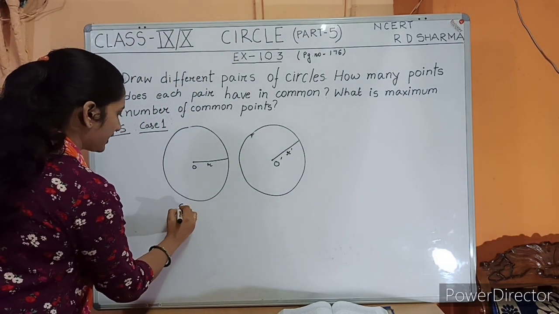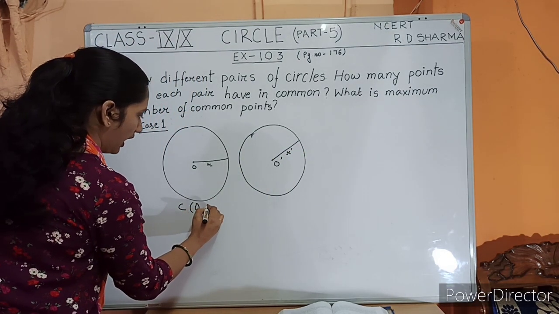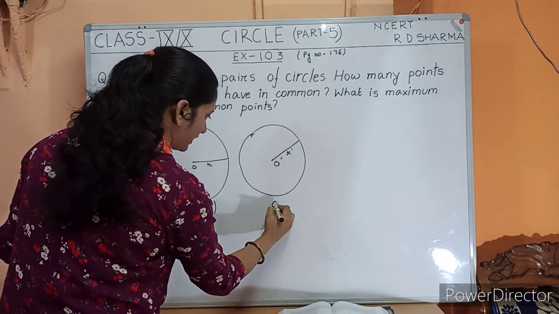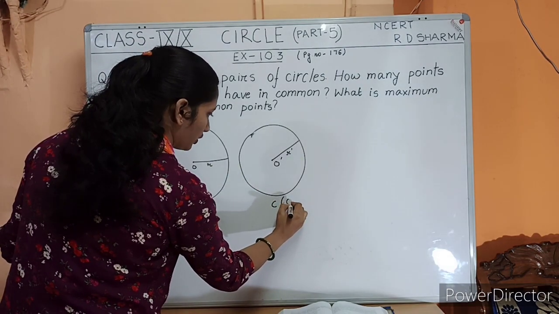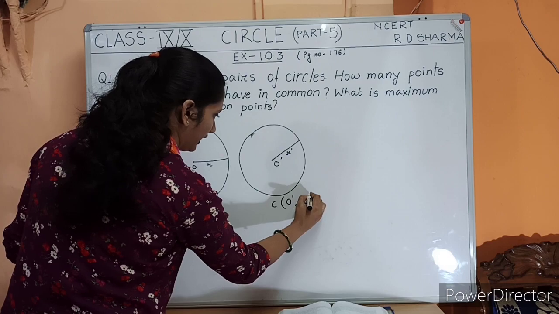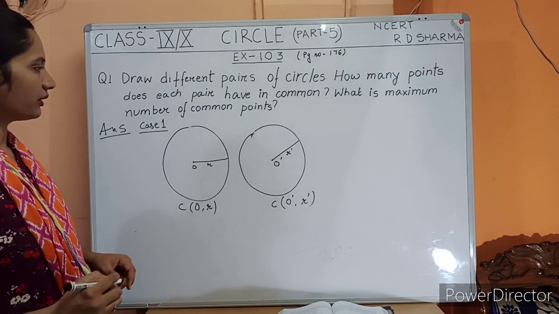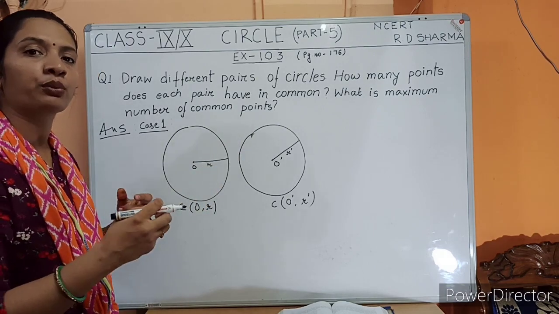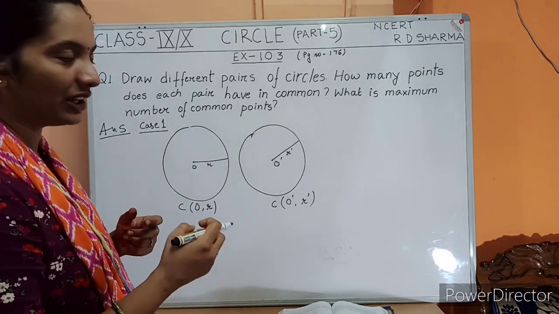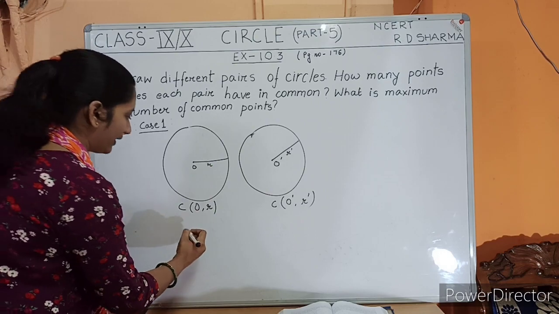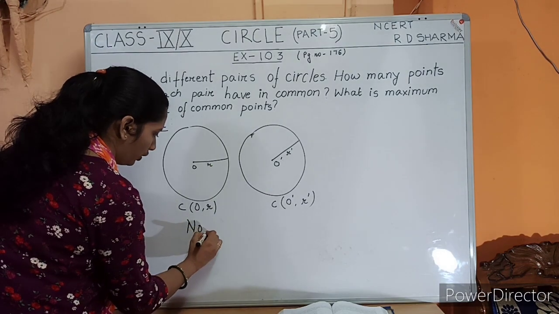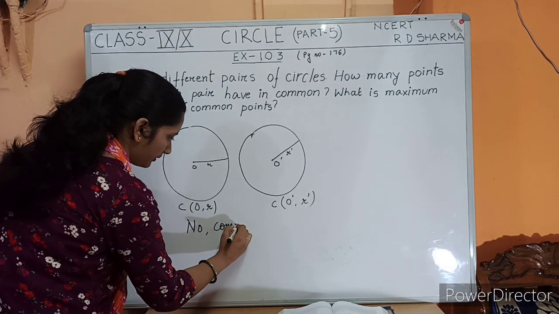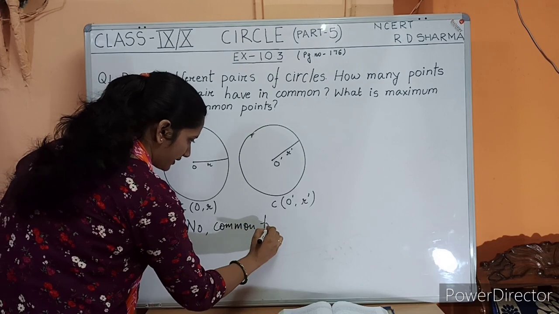So this is the circle O, R. This is the second circle, O dash, R dash. So what do you think? Is there any common point or intersection point between these two? Can you see? No. So we write here: no common points.